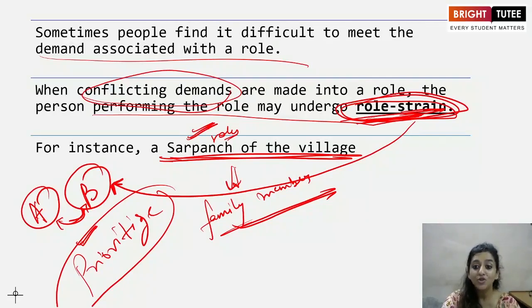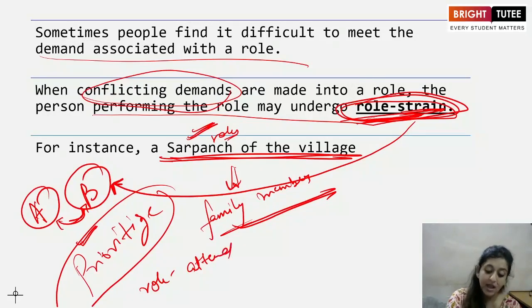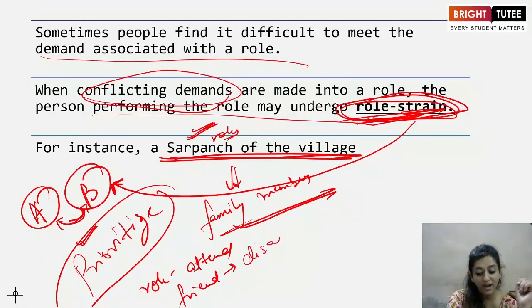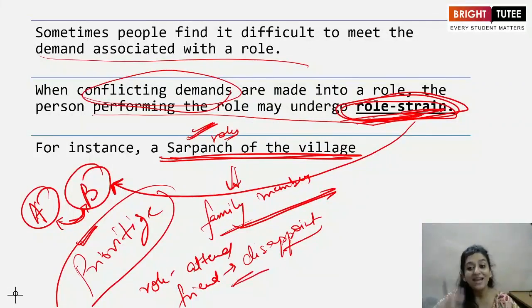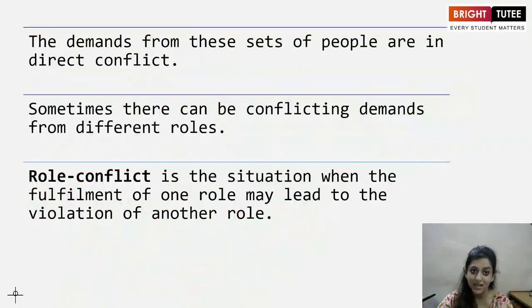You are a student who, as a part of the social role, has to attend that class, but herein you are a friend as well, who does not want to disappoint your friend and wants to be a part of what he is saying. That is when role strain comes into account, and that is the situation of role strain.